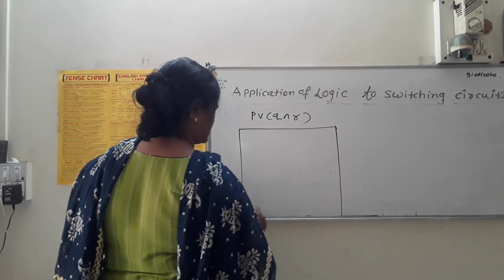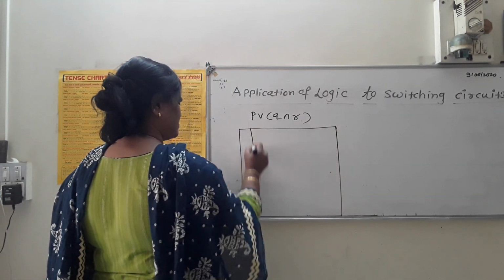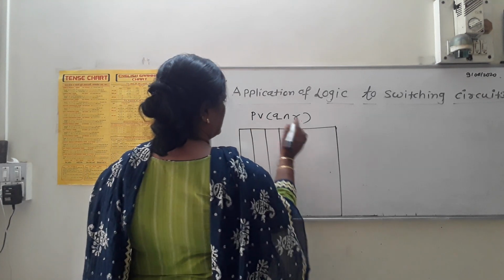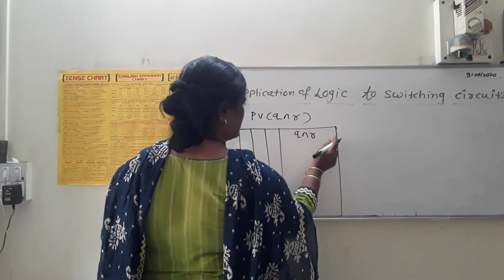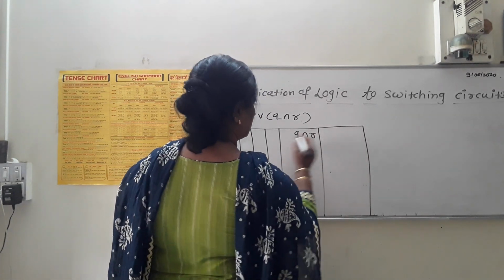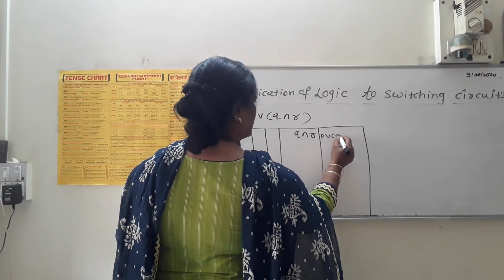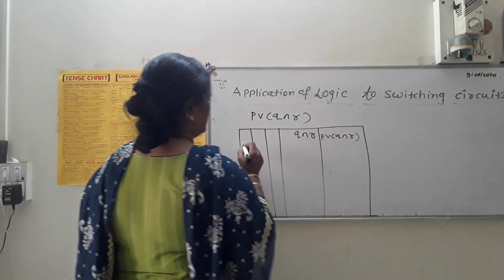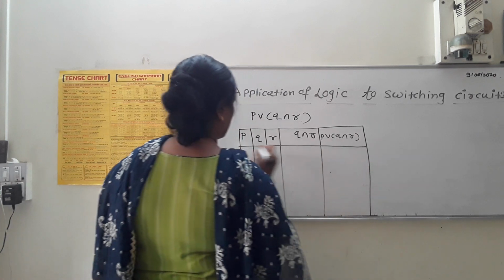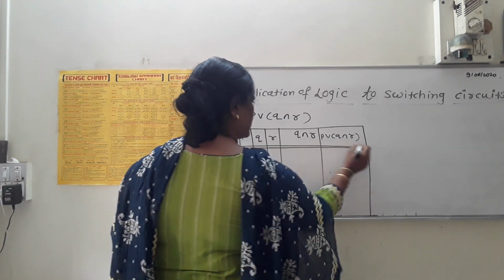Here P, Q, R, then Q and R, and last, that is P or Q and R. Here is P, Q, R. Okay, prepare the input and output table.